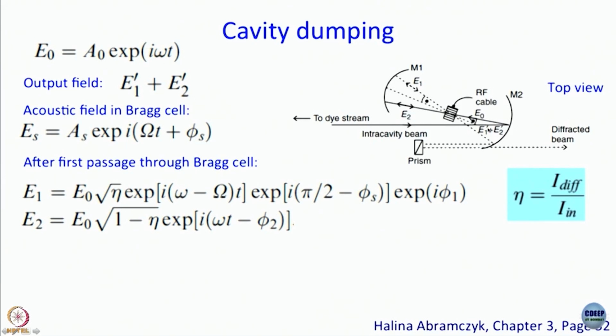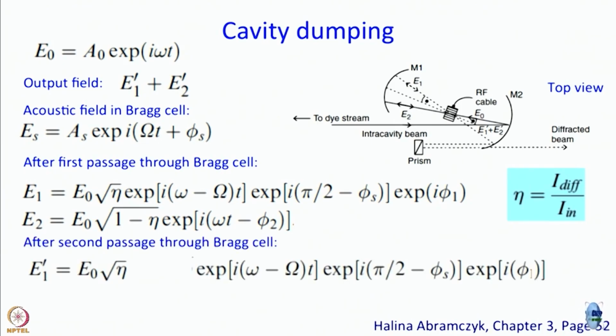Now, for the sake of brevity, we are not going to work out the expression of the field for light that goes back. Let us see if we can get E1 dash. What is the light that goes out? E1 dash, isn't it? So, after the second passage, what will E1 dashed be?